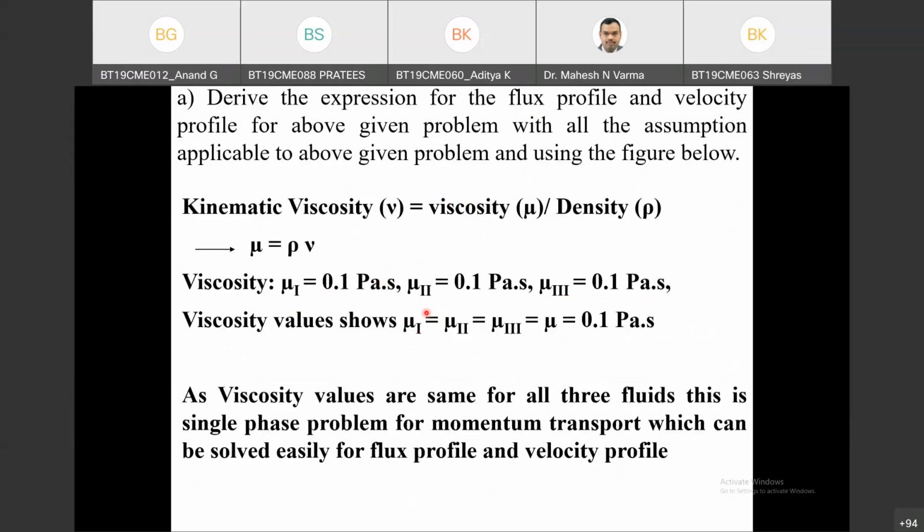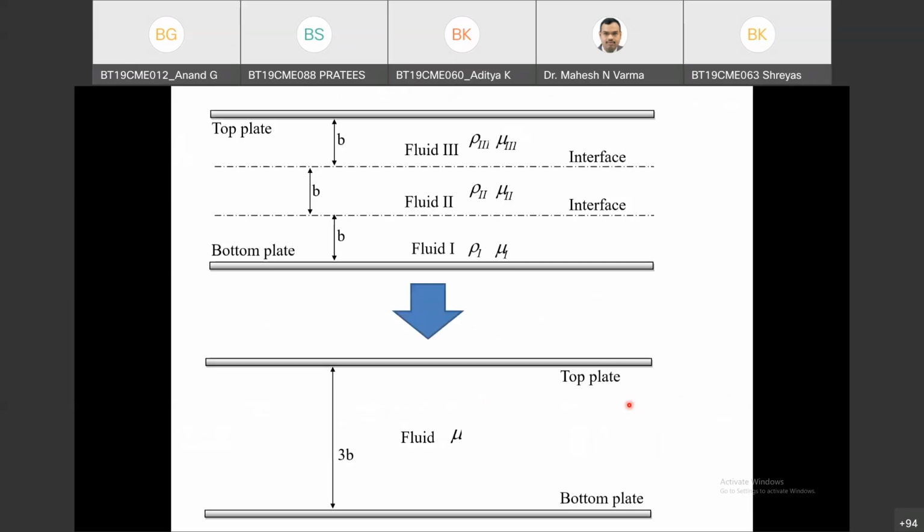So as mu1 equals mu2 equals mu3, that will be equal to mu equals 0.1 Pascal second. The viscosity values are the same for all three fluids. So this problem can be taken as a single phase problem, and hence the problem can be solved.